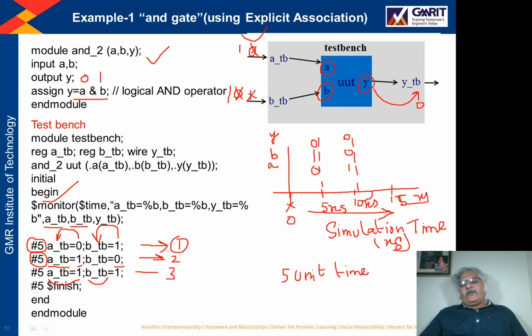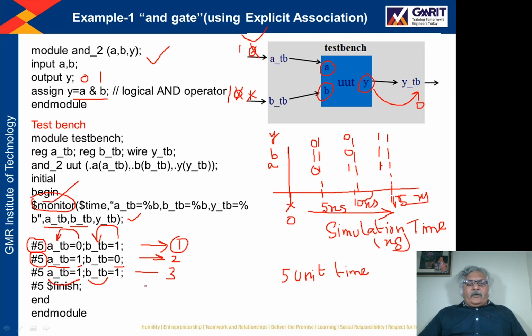So an event occurs on B_tv. Since the event occurs at B_tv at 15 microsecond, again the values of A_tv, B_tv and Y_tv, due to this $monitor, will be printed in the form of a waveform, right? So at 15 microsecond, A will remain the same 1, B will be 1 and Y will be 1, right? And this waveform will be printed.